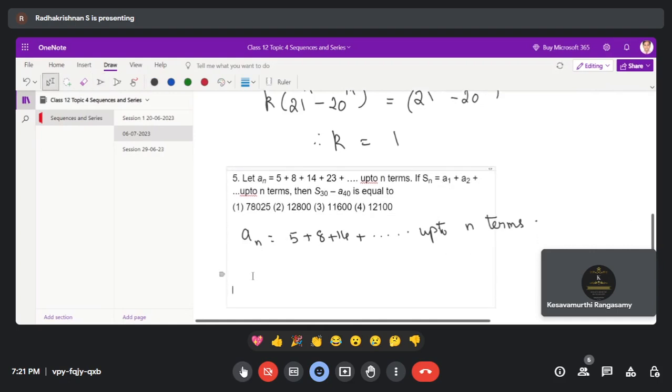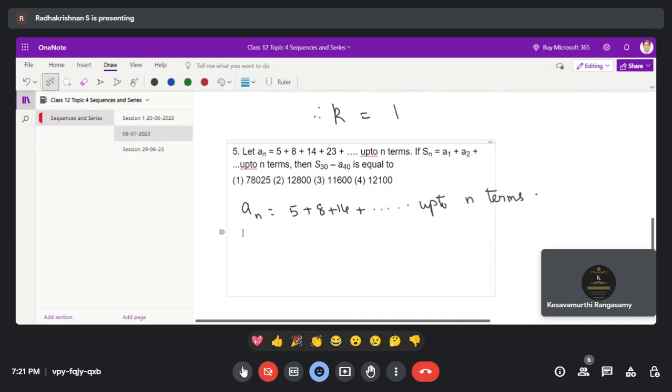So is the series an nth term or is it an arithmetic series? See, this is not an arithmetic series or geometric series. This is a series where the common difference itself is in arithmetic series. So you see the common difference is 5. Between the first two terms, the difference is 3. Between the next two terms, the difference is 6.